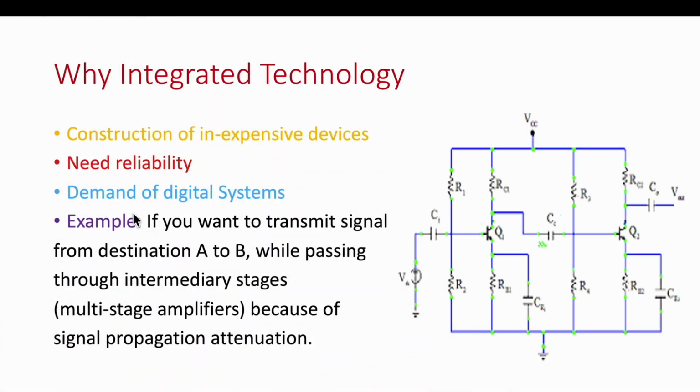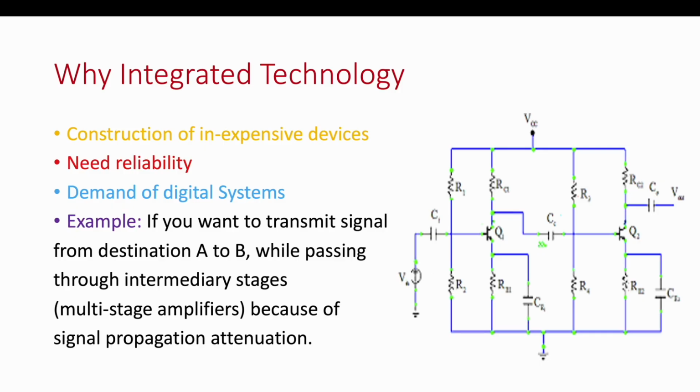For example, if you want to transmit a signal from destination A to destination B, the intermediary stages are multi-stage amplifiers, because when the signal propagates through a certain distance, it attenuates in strength.